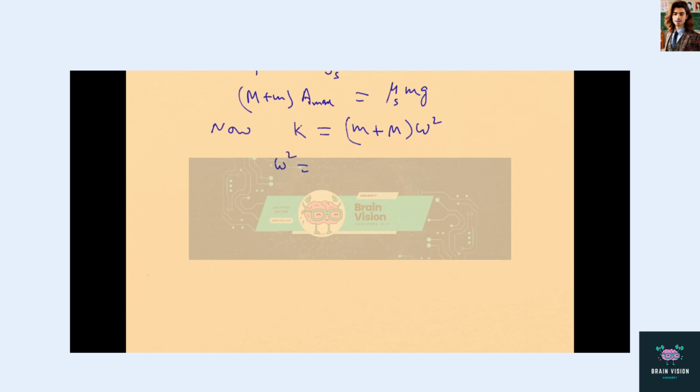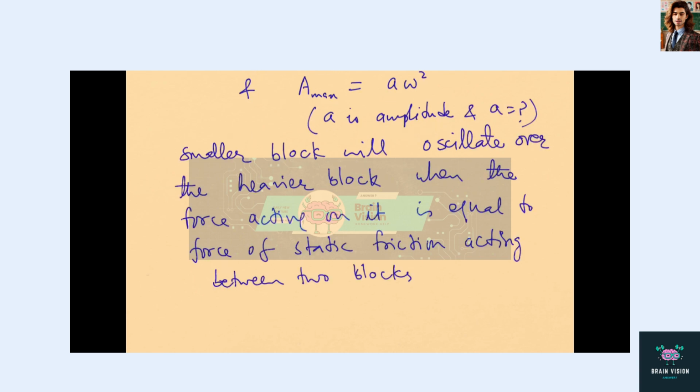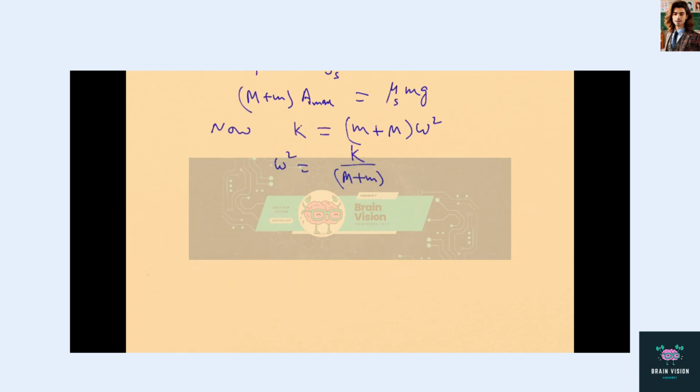So omega square will be given by k by M plus m, and already we have seen A max is A omega square.